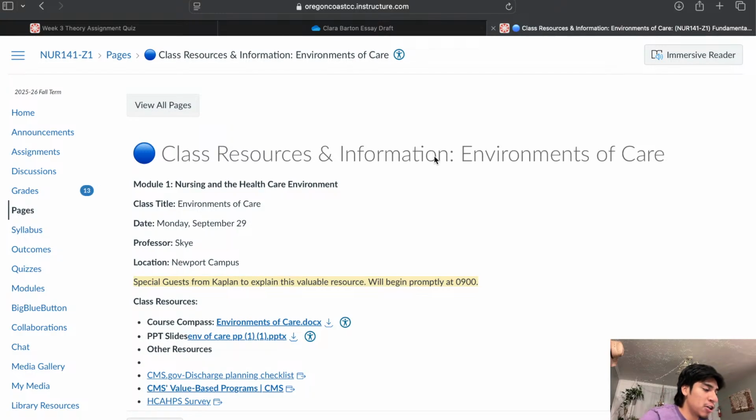For chapter two, we're going to go over the healthcare delivery system, and some key points are: an integrated healthcare system consists of a network of healthcare organizations that work together to provide a continuum of coordinated healthcare services to a defined group of people to improve quality of care, control, and healthcare costs.